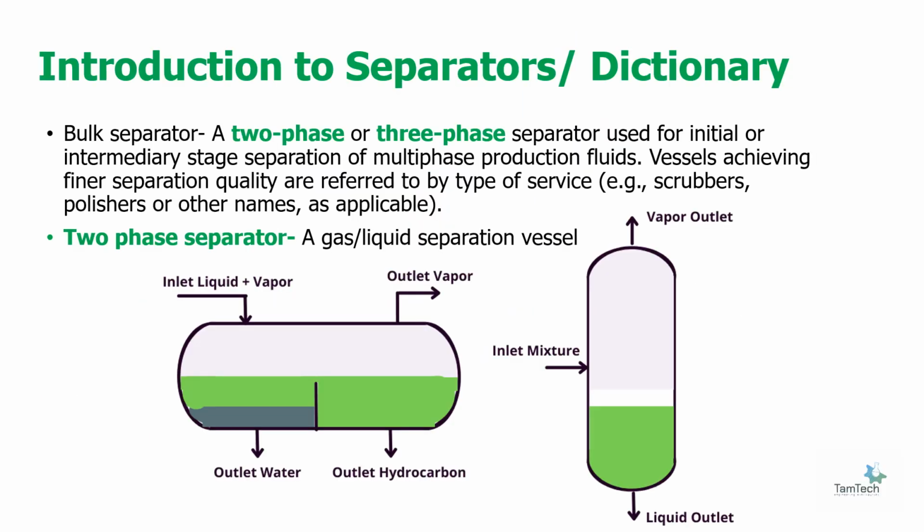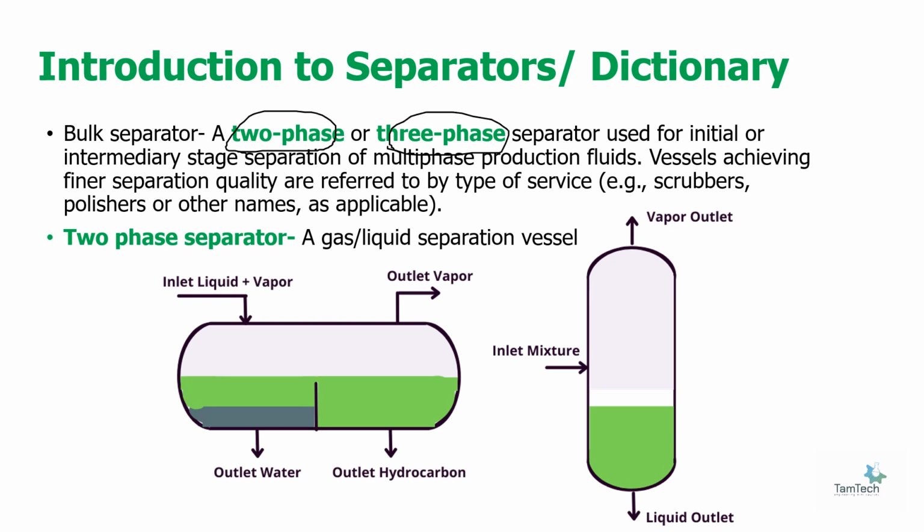So, introduction to separators and the basic necessary dictionary in this lecture. As you know, the separators that we discussed for the distillation column, the normal separators, horizontal, vertical, are mainly part of the bulk separators. The bulk separator could be either a two-phase or three-phase separator.